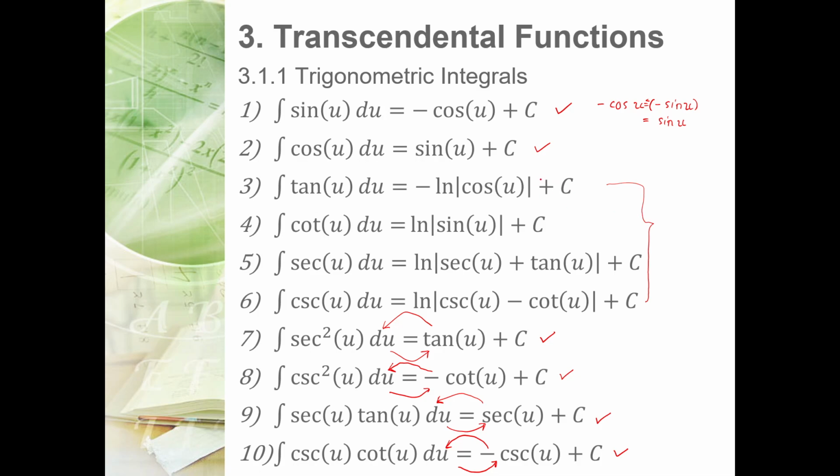If we try to derive these natural logarithms, we still need to use the process of the derivative for natural logarithms, which is du over u. So there's no direct formula for these four formulas.